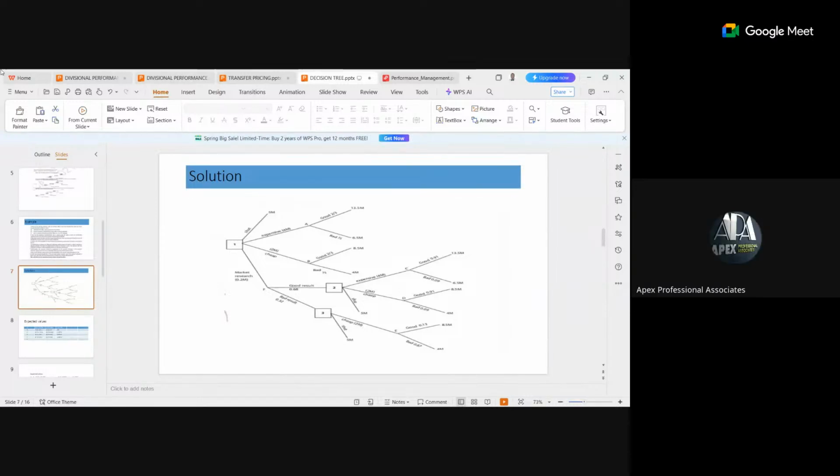So to solve this, to determine the value of F, between C and D, which is giving us the highest expected value?